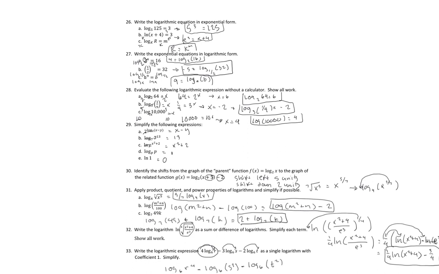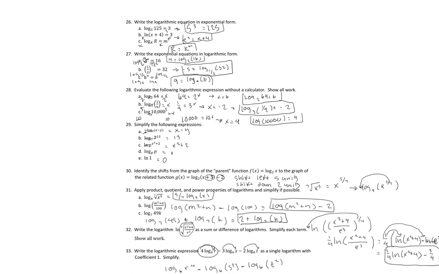And so then we can go about combining these terms, right? And so we have log base 6 of r to the 4th minus log base 6 of s cubed. So we know that when logs are being subtracted, the one being subtracted can go in the denominator as a single log.